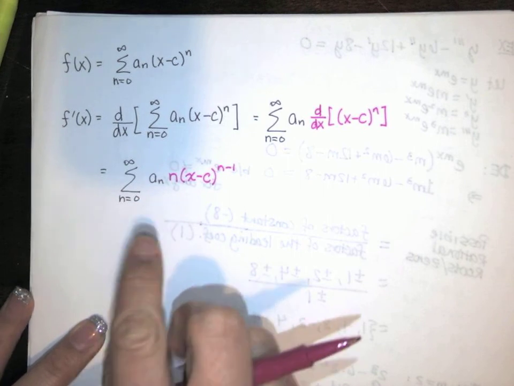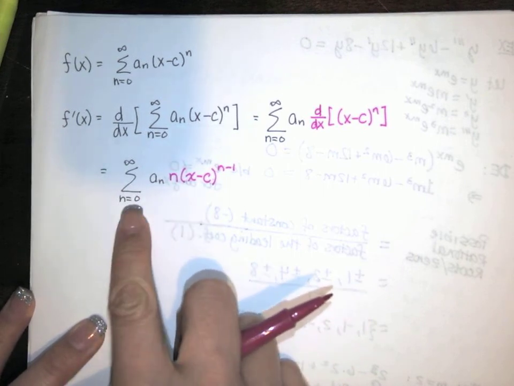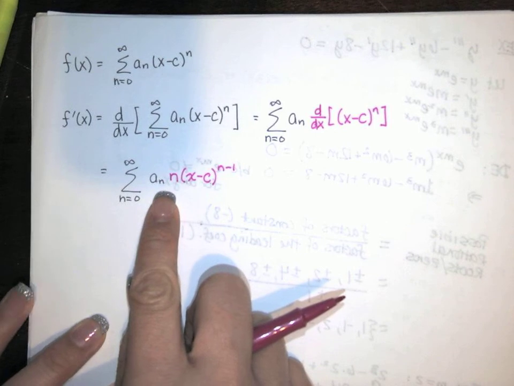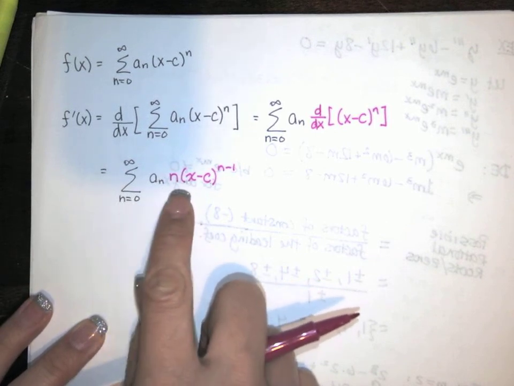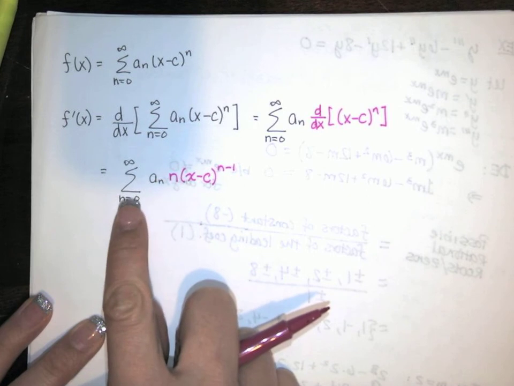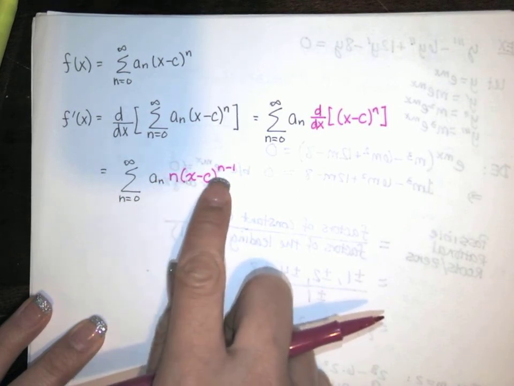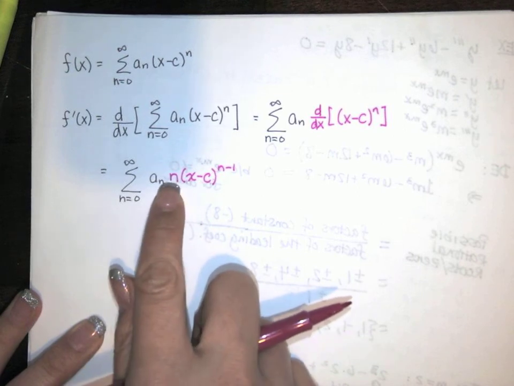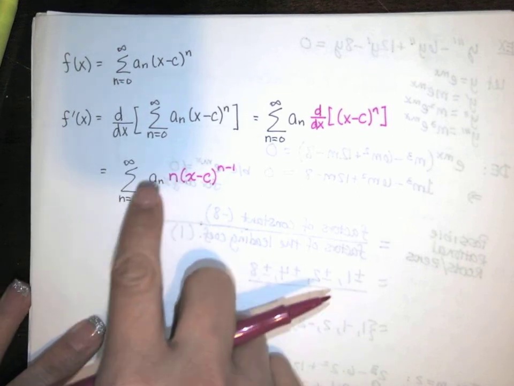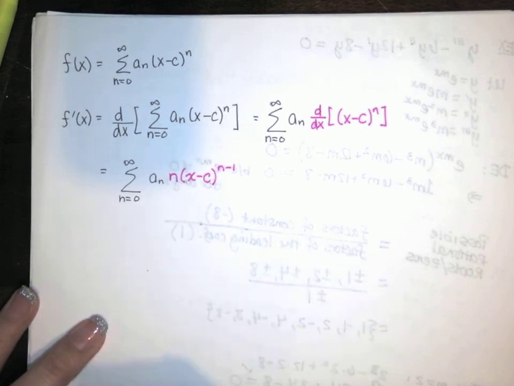Now, if you look in your book, it's not going to look this way. They're not going to start with n equals 0, and I'll tell you why. When n equals 0, what do I get? A sub 0 times x minus c to the negative 1. Well, if n is 0, this is just 0. And that actually makes sense because if n is 0 here, we just got a sub 0, and the derivative of a constant is 0.